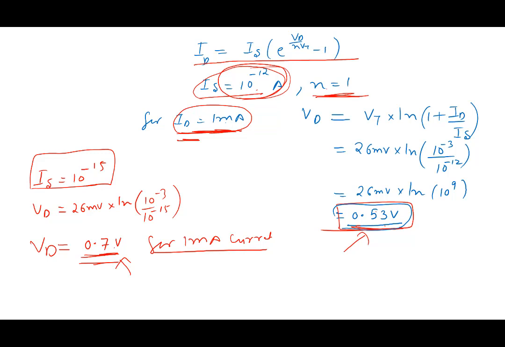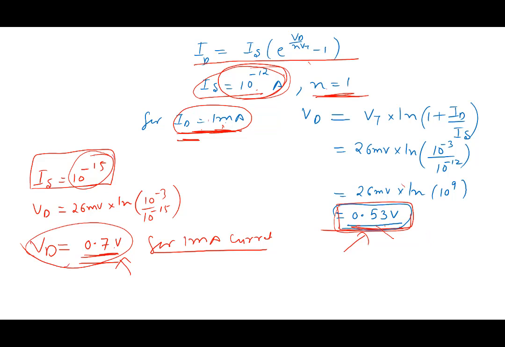I would have said, wherever you see the diode, maybe assume 0.5. 0.5 makes a lot of sense if my IS was 10 power minus 12. On the other hand, if IS is 10 power minus 15 and I work in the range of a 1 milliampere current, I'll say assume diode to be 0.7. It all depends on what kind of a diode is there and which current range you are working on. So 0.5 would have been a very good choice here for this diode.